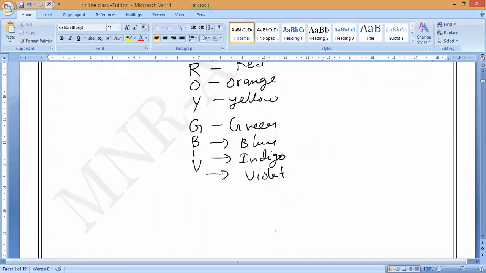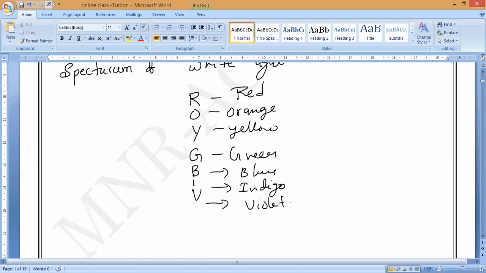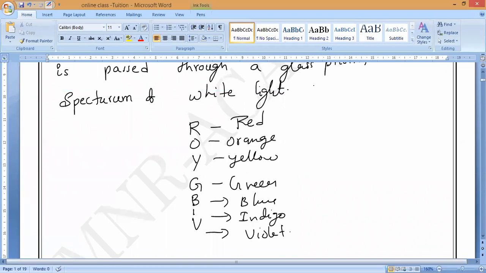So now observe here. This is what we used to call VIBGYOR. This 7 is what we should call as... What is the name of this one? It is called the spectrum of white light.